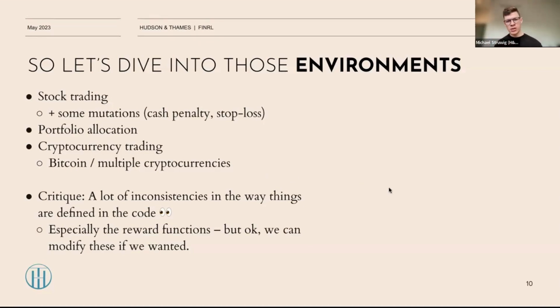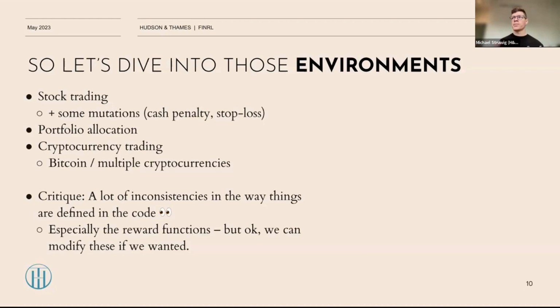I will say though, as a personal critique, there's a lot of inconsistencies in the way things are actually defined in the code, and they're not super customizable right now, especially in the reward function. So I believe the stock trading environment that we're going to look at, what it actually tries to reward, I could be wrong, but if I got this correct, is the actual total value of the portfolio at the end of each day. But maybe you want to change that reward function to minimize risk, or maybe you want to change that reward function to maximize the Sharpe ratio, things like that.